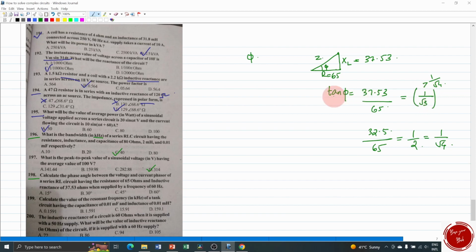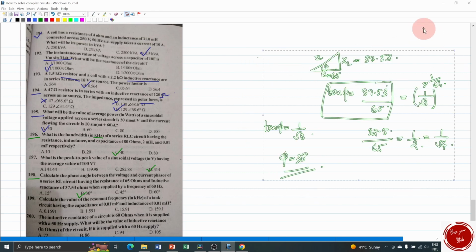Because I have an easy numerical: tan phi, if it is 1 by root 3, then phi is going to be 30 degree. So the answer here is angle 30 degree. You can also recheck this by doing this in your calculator. Now moving on to the next question.